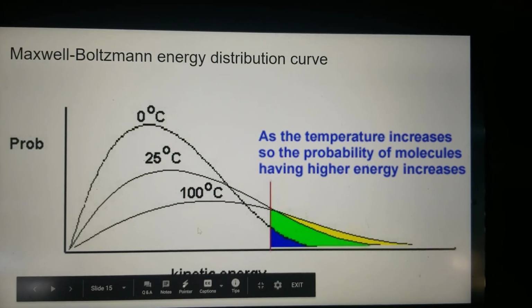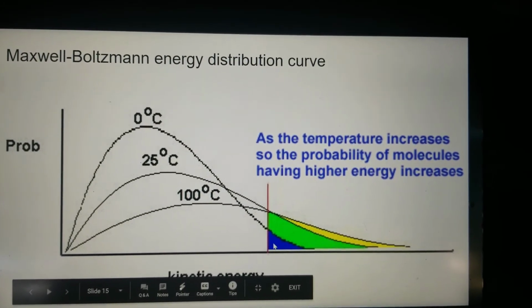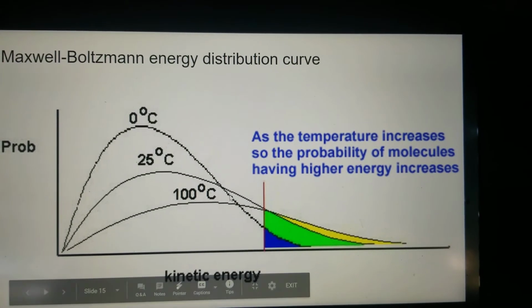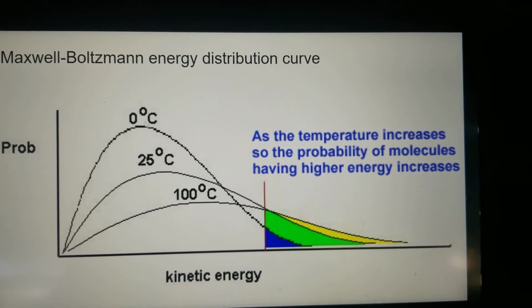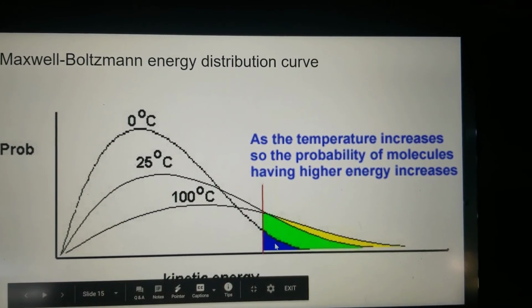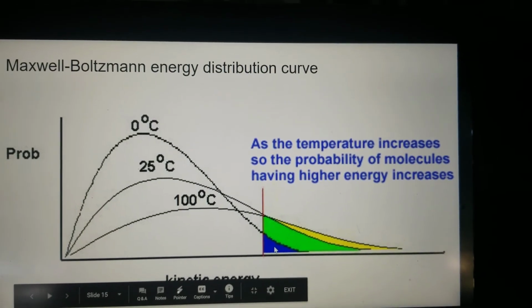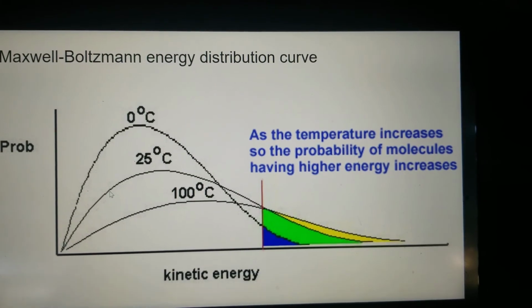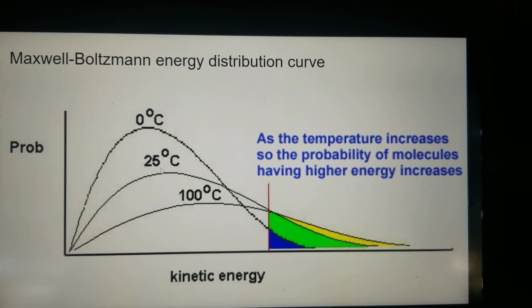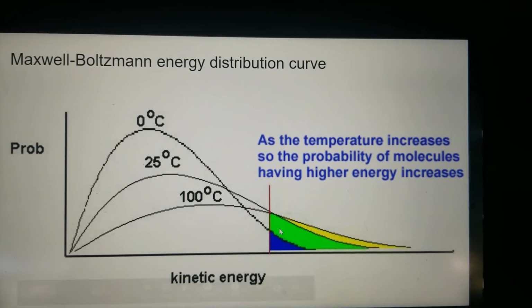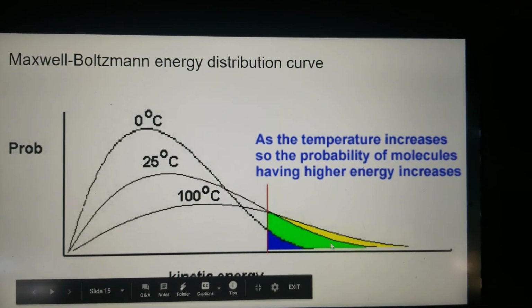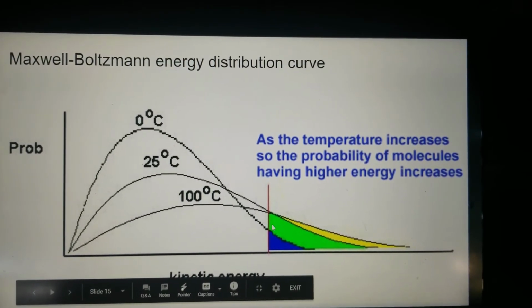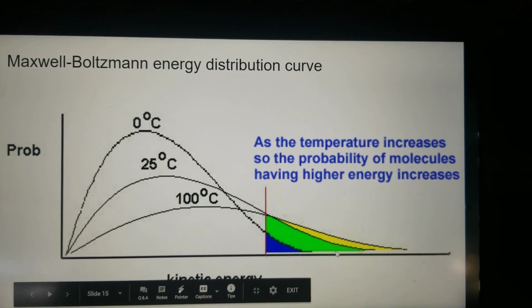So look, under the blue curve, that's when it's cold. The particles aren't moving very much when it's cold. So there's not very many particles that are going to participate in the reaction because they don't have enough kinetic energy. If you have a reaction that happens at room temperature, 25, that is what's under the green curve, the green color, and the blue. All of these particles, green and blue.